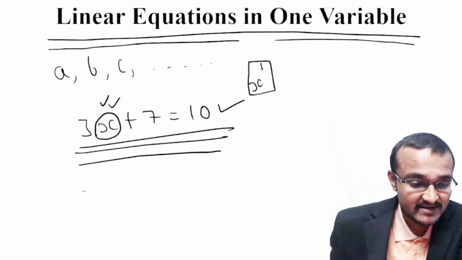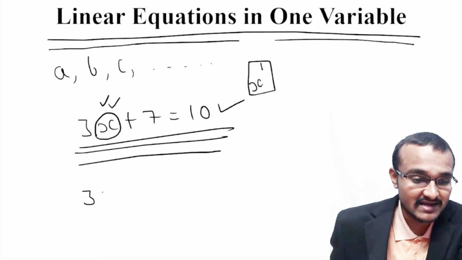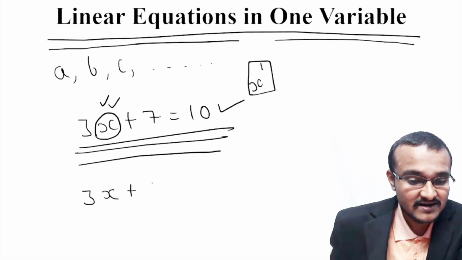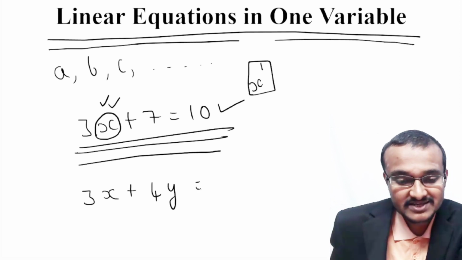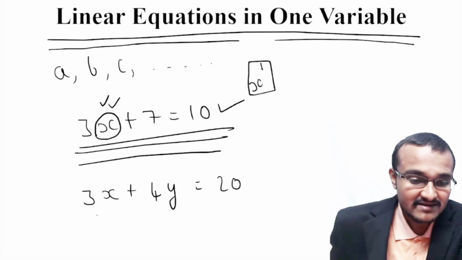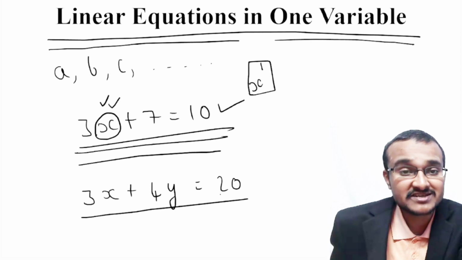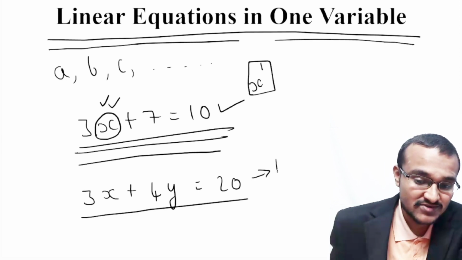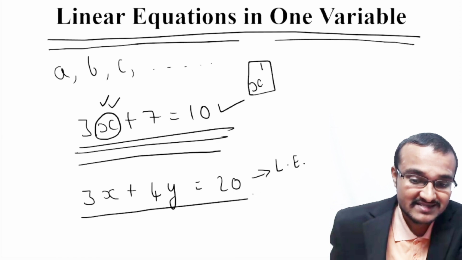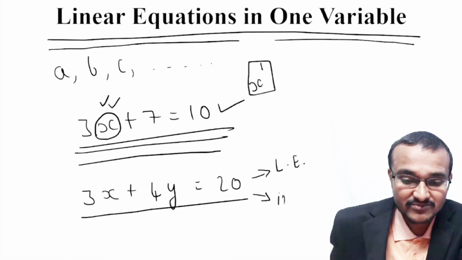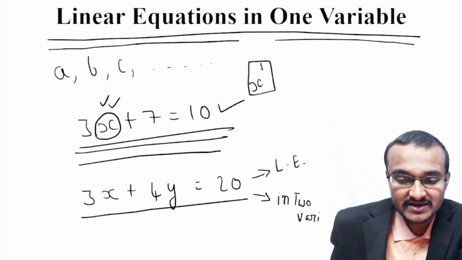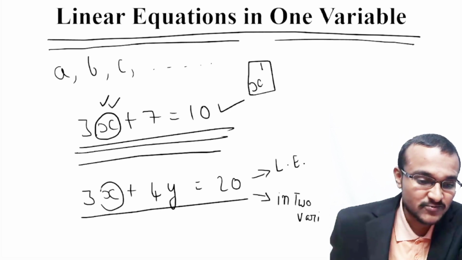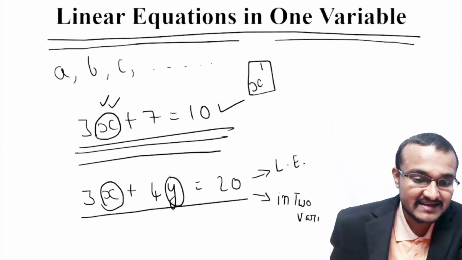For example, if I take another example like 3x plus 4y is equal to 20, then this equation is a linear equation, but it is not in one variable. This is in two variables. Why? Because here I have taken x as one variable and y as the other variable.